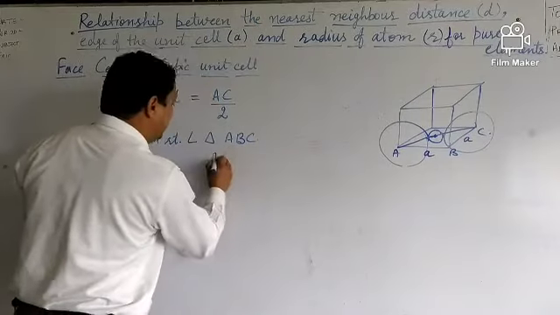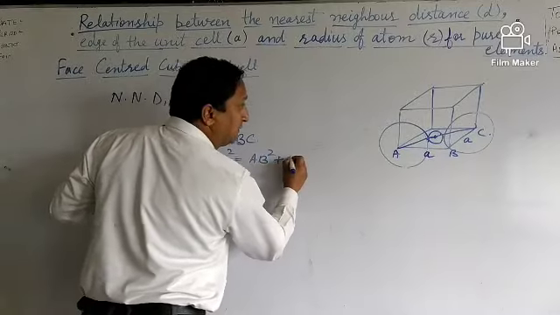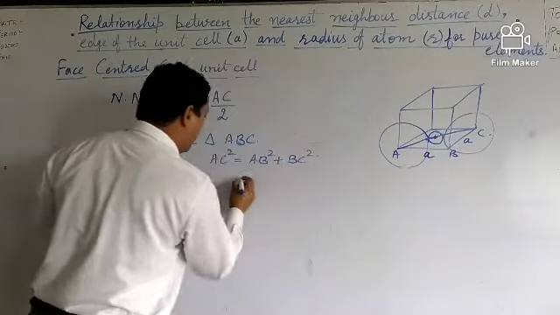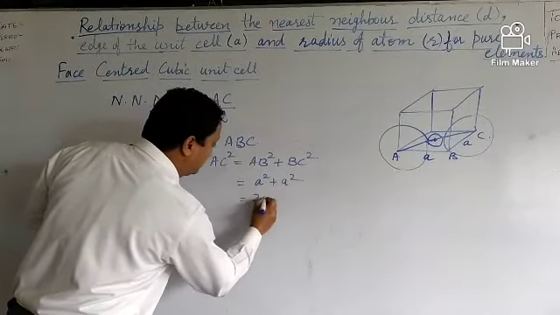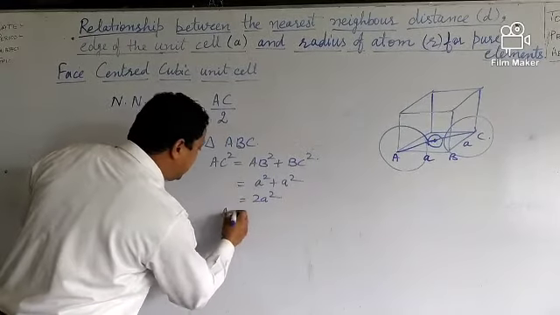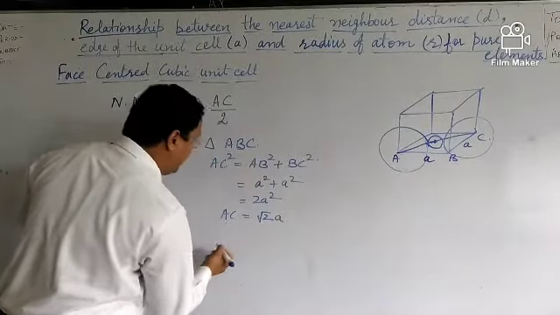So AC square is equal to AB square plus BC square, or A square plus A square, or it becomes 2A square, or AC is equal to under root 2 A.